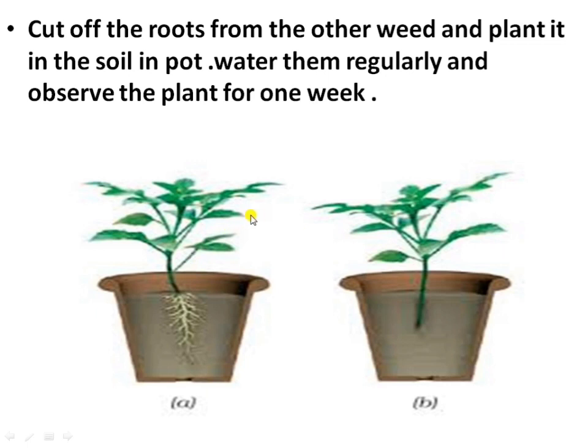Cut off the root from the other weed, from this weed plant, and put it into the soil. Water them regularly and observe the plants after a week. So the question is, after 1 week, are both plants healthy or not healthy? After a week, are both these plants healthy or not?